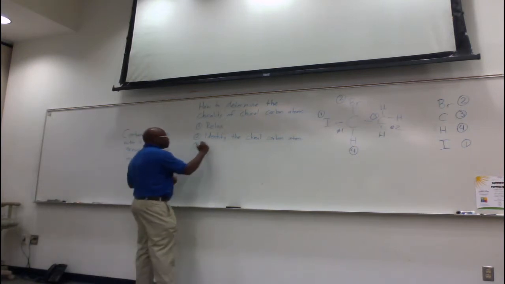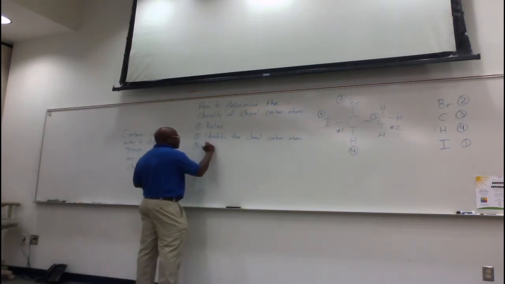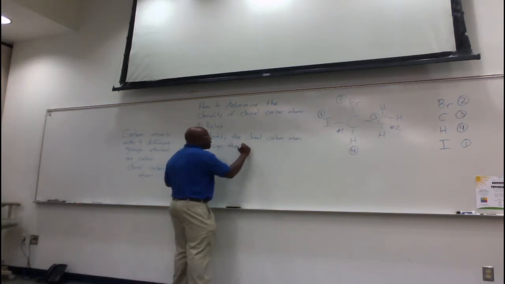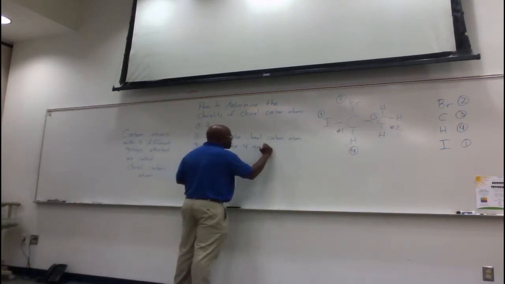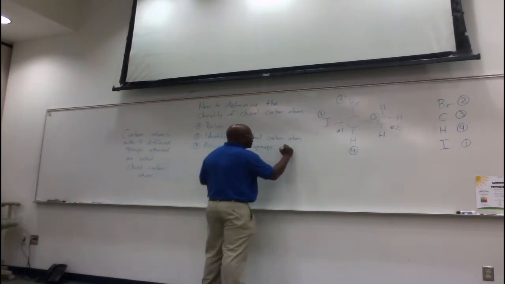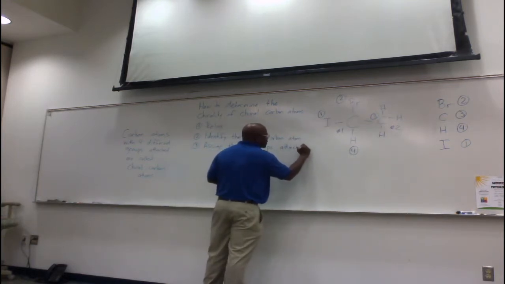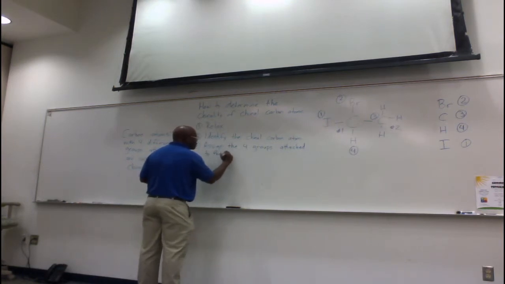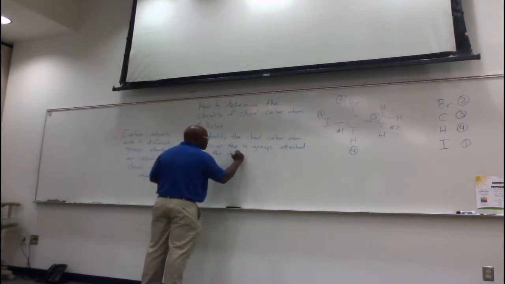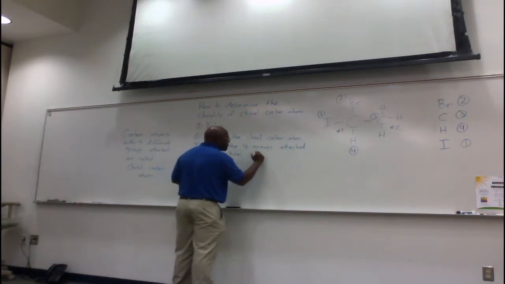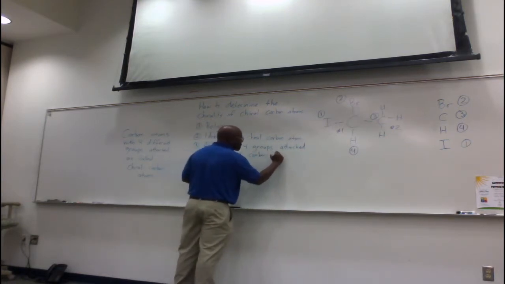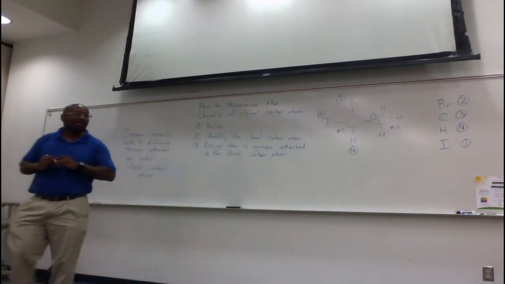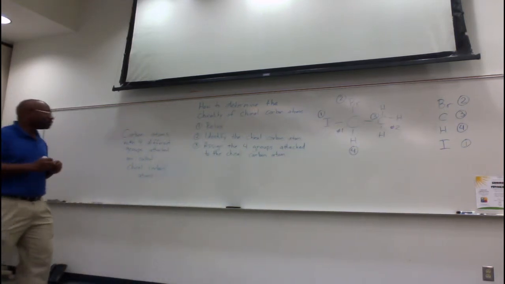Great. Number three, assign the four groups attached to the chiral carbon atom. Just assign the four groups attached to the chiral carbon atom.